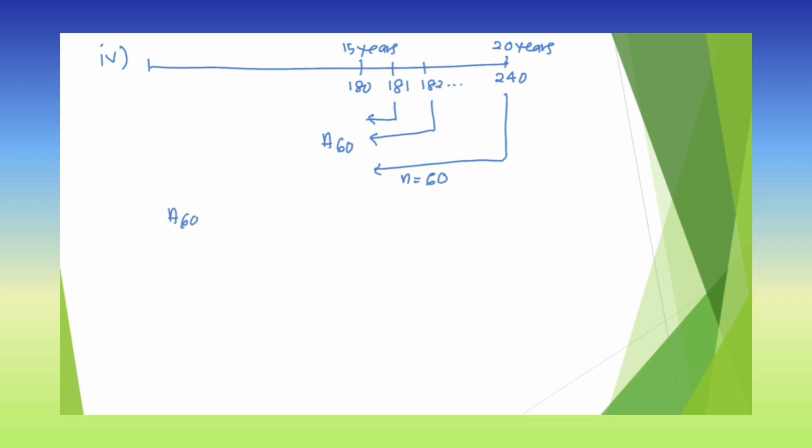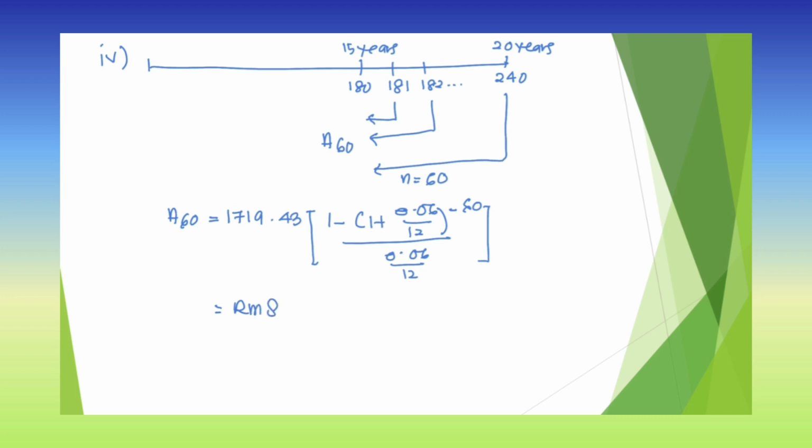So A60 is given by R, 1719.43 times 1 minus (1 plus i), 0.06 over 12, to the power of negative 60, over 0.06 over 12. So the answer will be RM 88938.48.